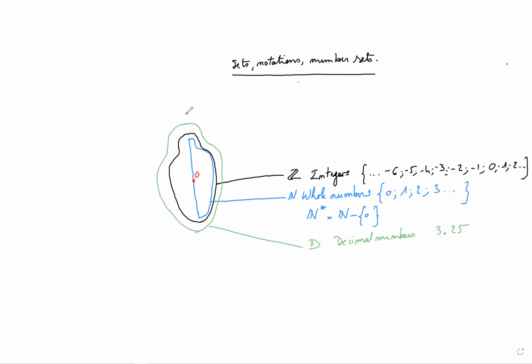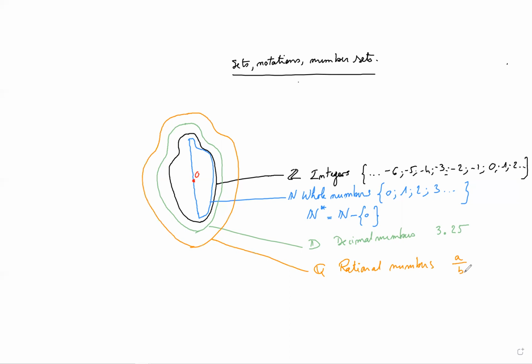Then you have the rational numbers. Here, my doll is getting very strange shaped. So these are the rational numbers. Which means that these numbers can be written as fractions.